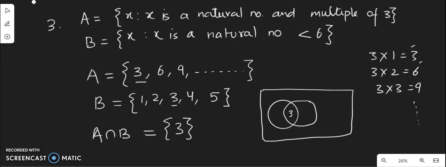The rest of the elements in B are 1, 2, 4, and 5. And here there are multiple elements like 6, 9, and 12, and so on. So this is set A, representing the multiples of 3, and this is set B, representing natural numbers less than 6, and this portion is A intersection B.